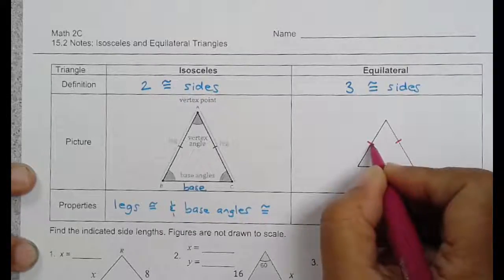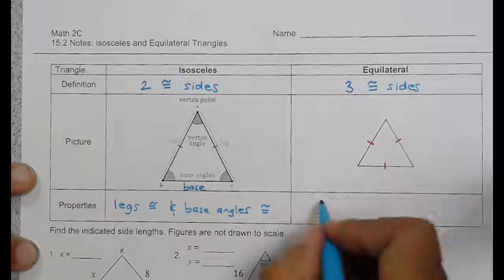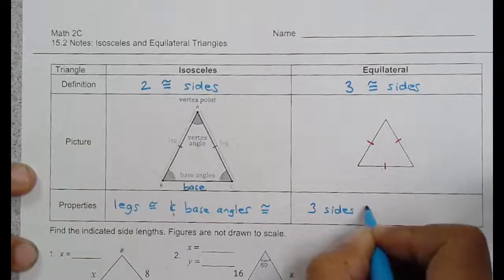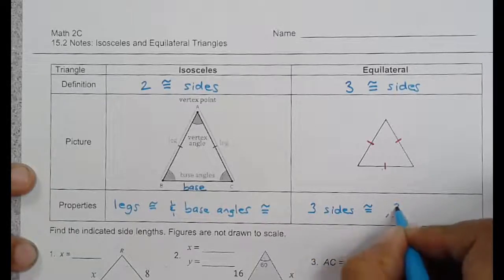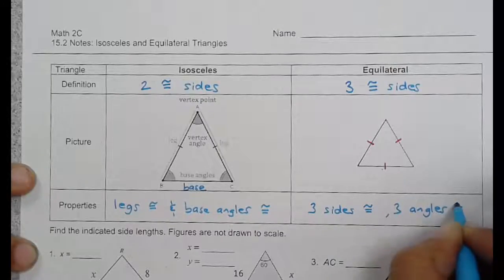If you do two, you have to do two and two here. And then the property for this is if you happen to have three sides that are congruent, then you're going to have three angles that are also congruent.